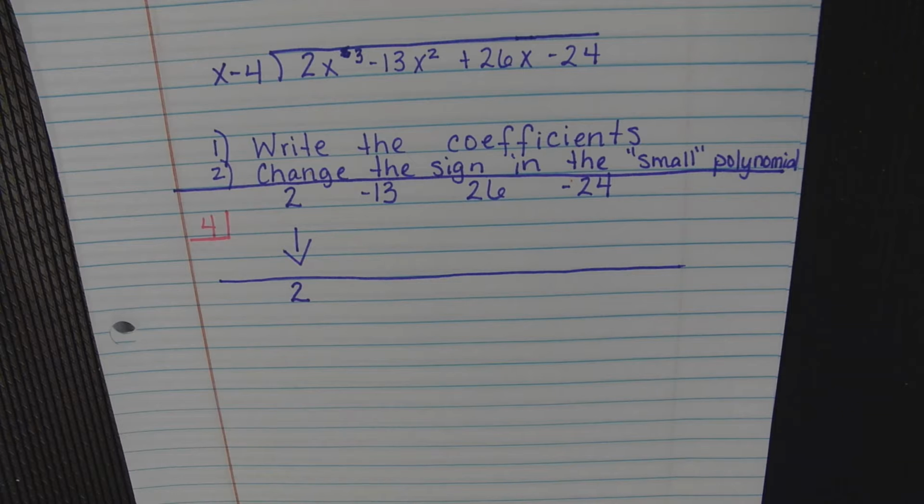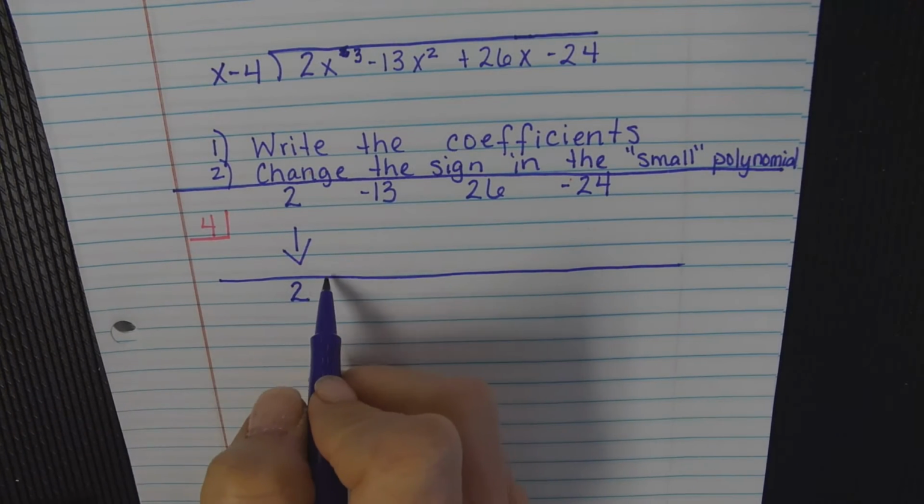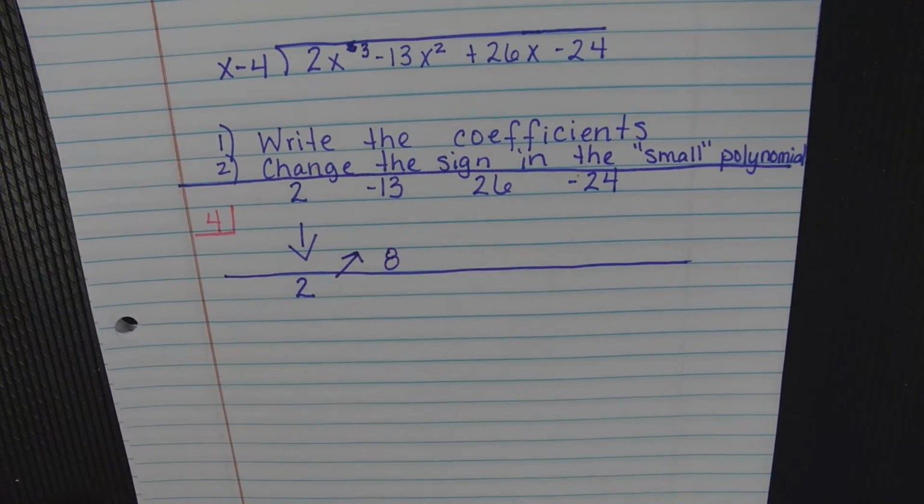All right, now this is where you're going to see, wow, this is really simple. Okay, what is 4 times 2? 8. Okay.